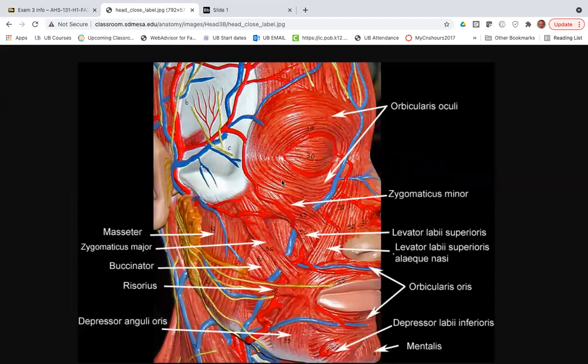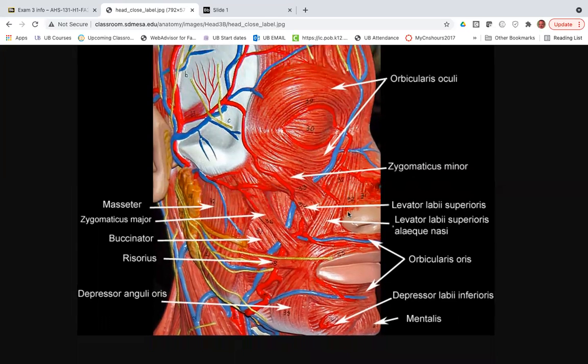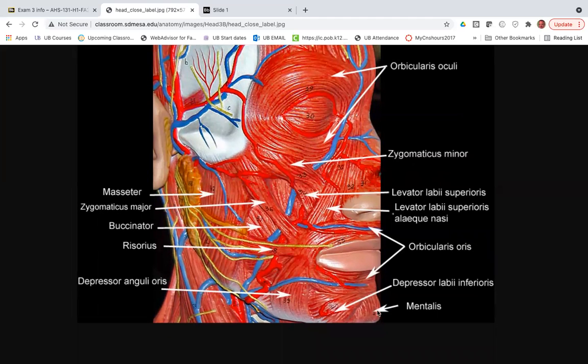Again, here's the orbicularis oculi, and then around the lips, orbicularis oris. Mentalis for the chin. Here's your depressor labii inferioris.